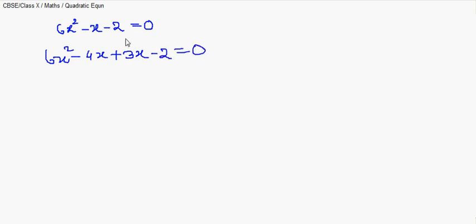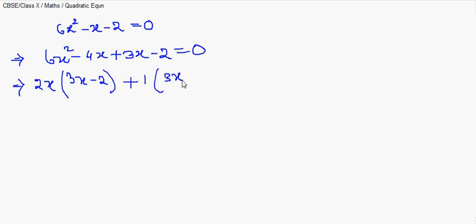I'm splitting the middle term, thereby getting this AC as minus 12, and the middle term should be minus 1. What can I take common from the first two terms? 2x can be taken common, leaving 3x minus 2, and from the next two terms 1 can be taken common, thereby leaving us with 3x minus 2 equals 0.